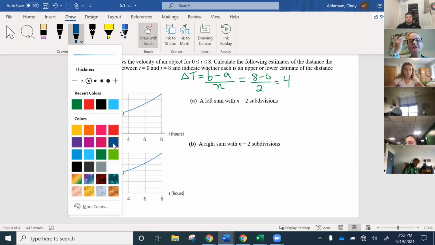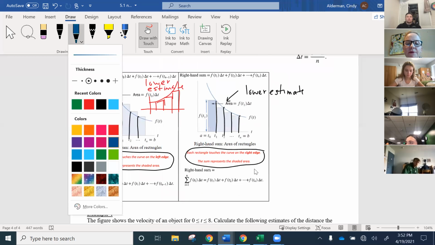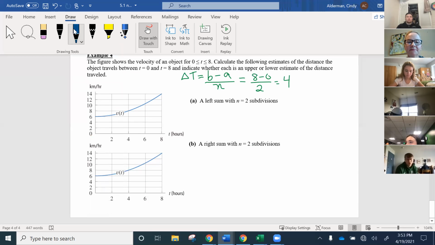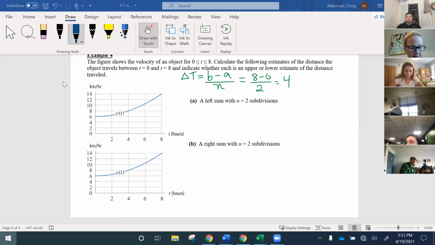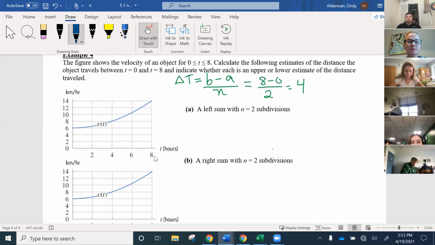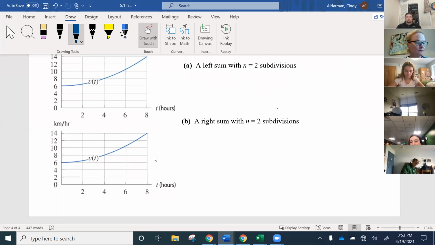Okay, so they want us to write it in this format, right? Here, they want us to write it in this format. And you'll see why we're doing that in a minute. Let me make this a little bigger. Okay, so the left sum, and I'm just using the formula from above, would look like n minus 1.